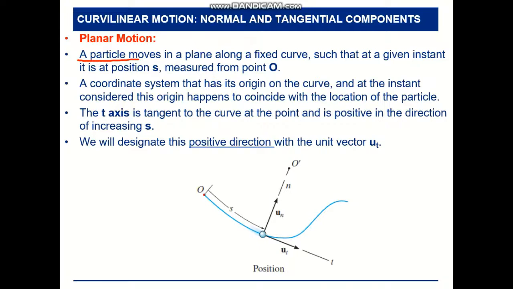The t-axis, which is the tangent axis, is tangent to the curve at the point and is positive in the direction of increasing S. So we said that the origin is here and the position is going to increase, so the tangent to the curve is positive in the increasing path, and we will designate this positive direction with the unit vector ut.